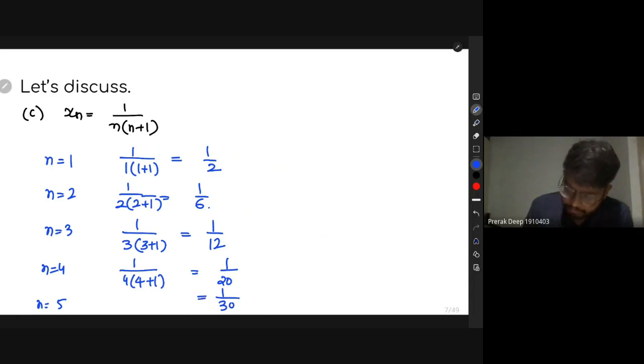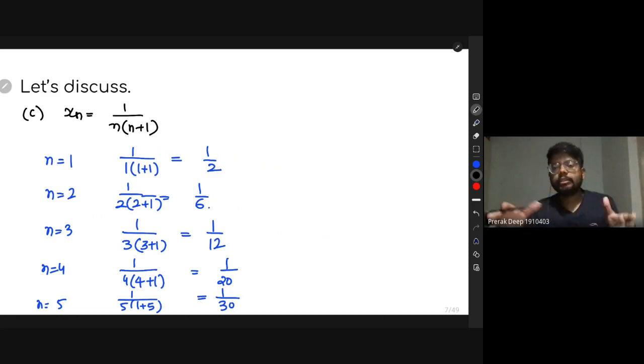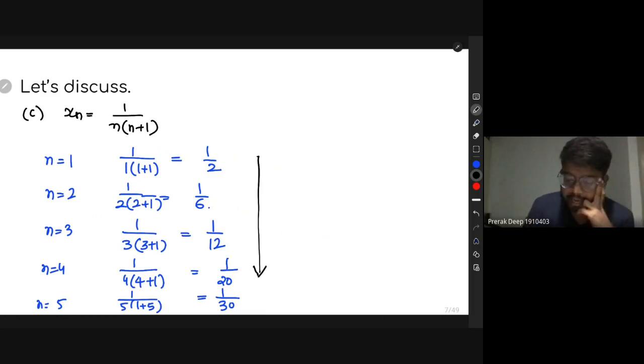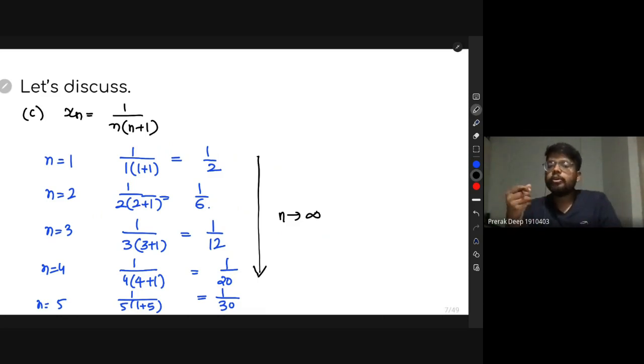Now you can also see that this sequence, as n tends to infinity, as n is increasing, is also tending towards 0.